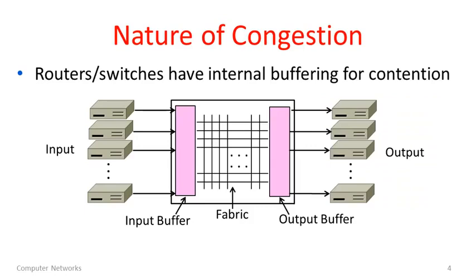So here's an earlier slide so you can just recall what goes on inside routers and switches. Routers and switches have some amount of internal buffering for contention when multiple input packets want to go to the same output. So in this diagram I have a switch in the middle here, or a router. I have the inputs on the left and the outputs on the right.